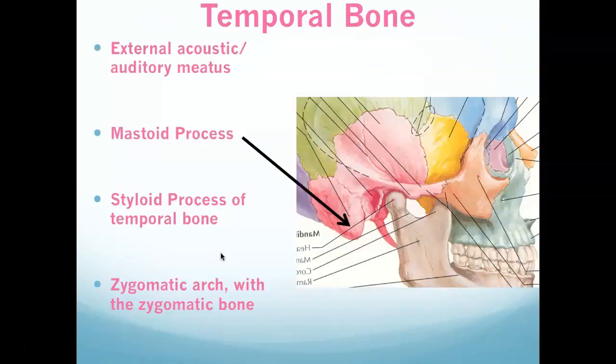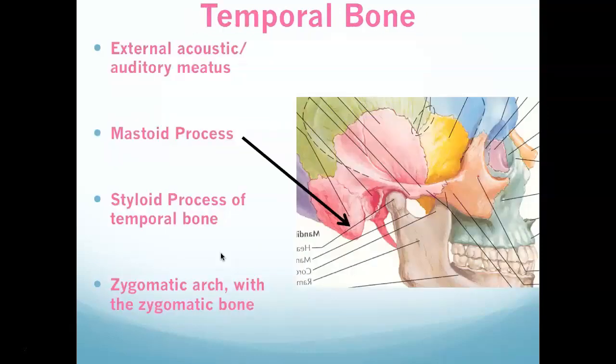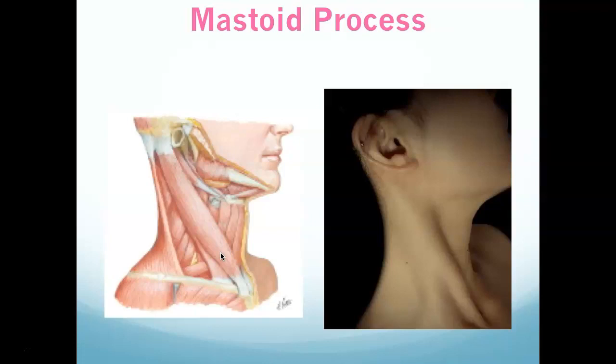So next we have our mastoid process, and the word mastoid means breast, and so anatomists thought this looked like a breast here. And we have a very important muscle that attaches to this mastoid process, and that is the sternocleidomastoid muscle. So it's this big, thick muscle on your neck. If you flex at your neck anteriorly, you should be able to see these muscles pop out.